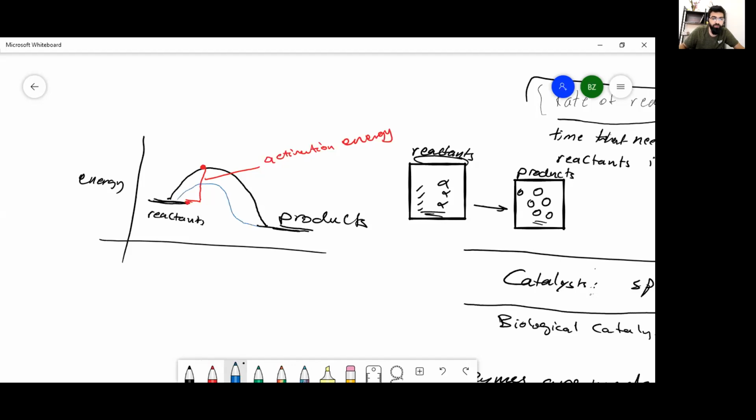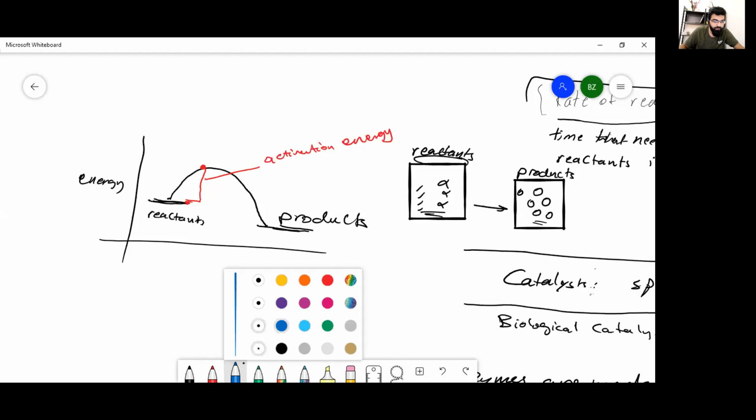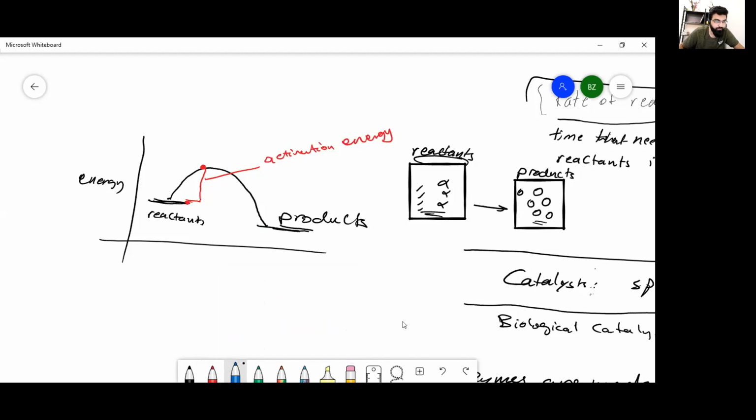Sorry, just let me do something because the line is not clear, I think. Now, look. The blue line represents the reaction with enzymes, the red one without enzyme.